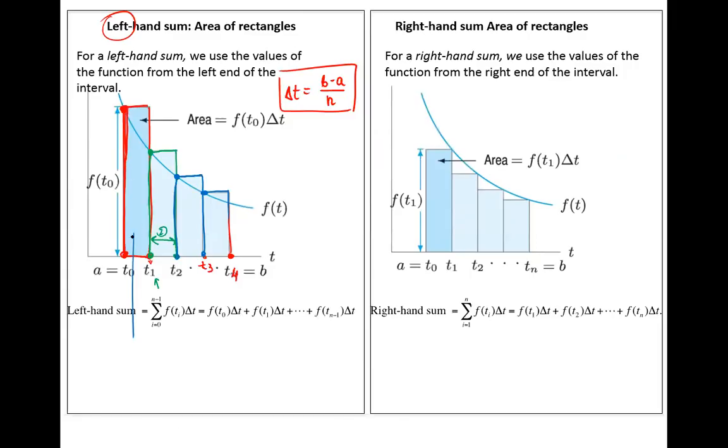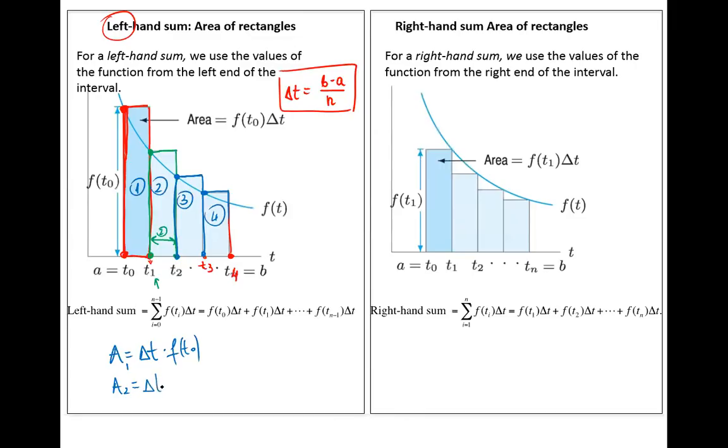We can see, for example, the area of the first rectangle will be delta t, which is the base, times the height, and the height will be the value of the function for t sub 0. Then the second: I can remove this. This is the first rectangle, second rectangle, third one, and fourth one.